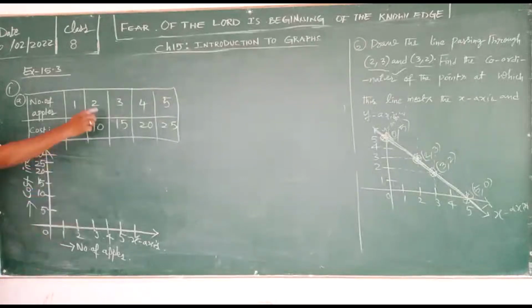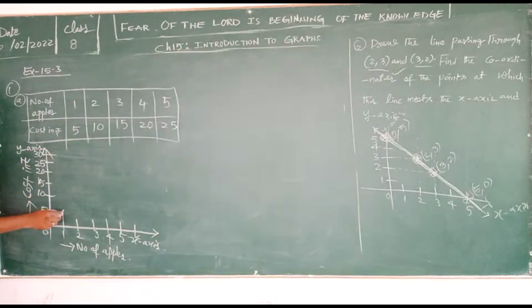Now check 1 and 5. Keep a point. It is 1 comma 5. Second one, 2 and 10. Where the 2 and 10 intersect, that is 2 comma 10. Similarly 3 and then 15.